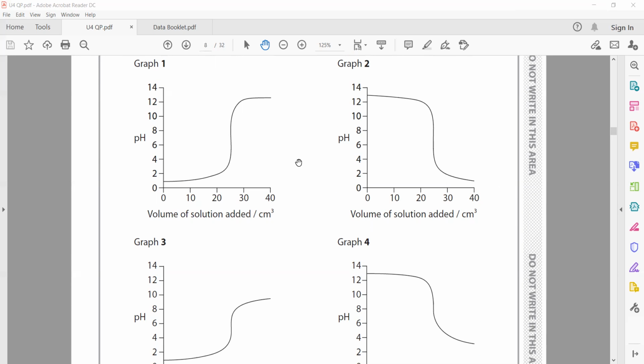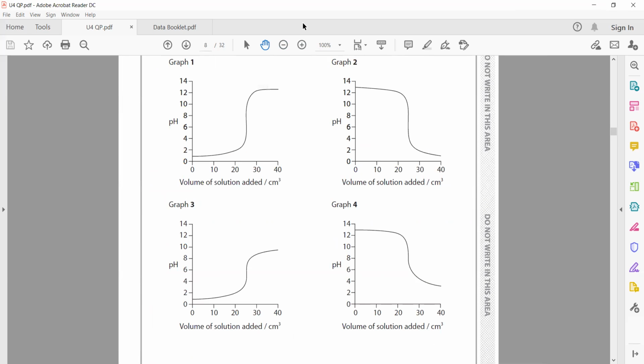And the endpoint or equivalence point, how can you identify that? You can identify it by the nature of the reactants. At this point, a strong acid is reacting with a weak base. If something is a weak base, it means the conjugate acid formed by that weak base will be stronger.